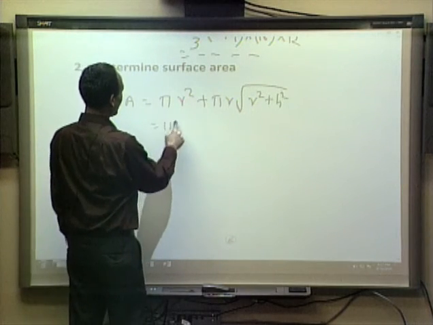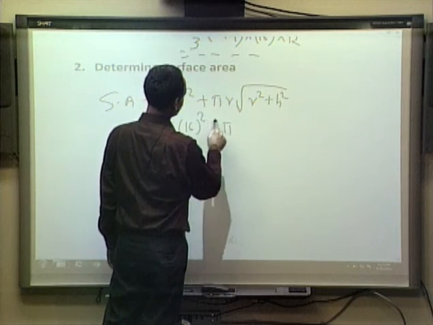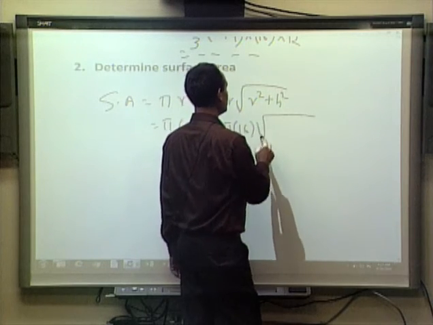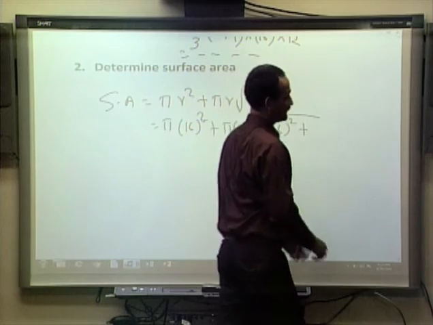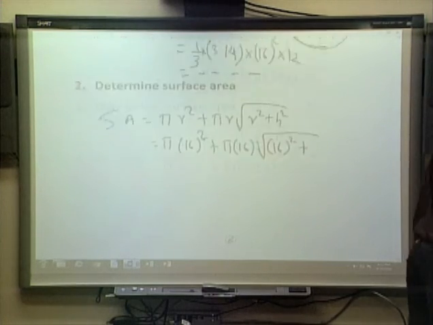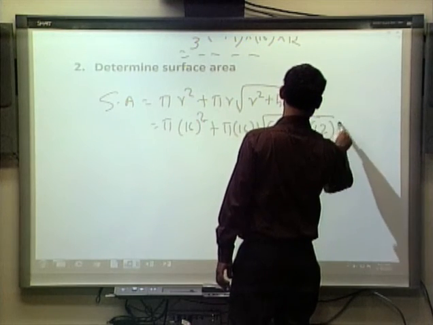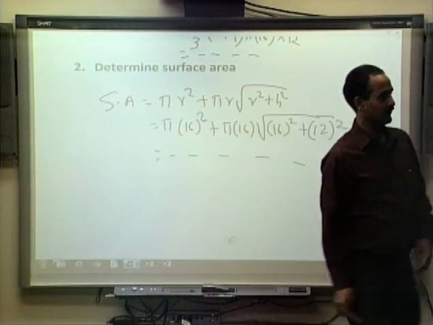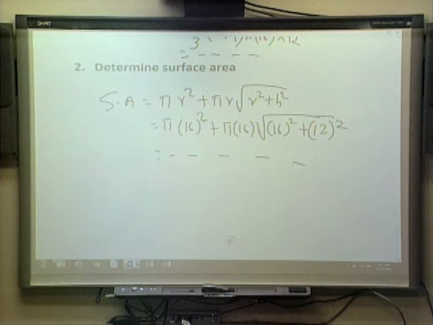So this will be pi times 16 square plus pi times 16 times the square root of 16 square plus 12 square, where h is 12 meters. Well, the rest is just plugging in these numbers correctly in the calculator.